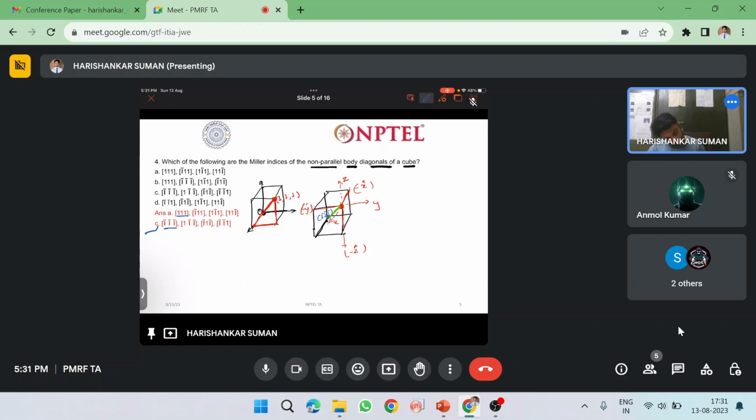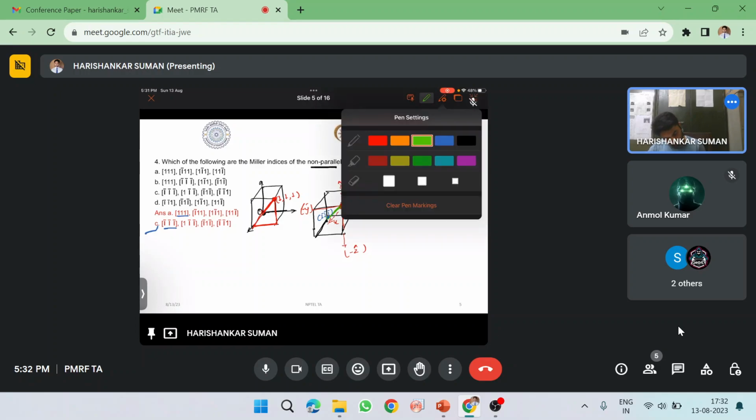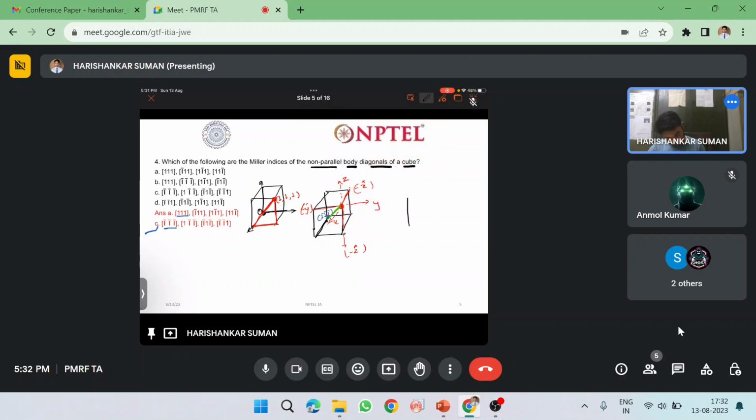Similarly, consider the situation where we shift our origin on the x-axis. Let's say here is our origin. This is the x-axis, y-axis, z-axis. Join and draw the diagonal.